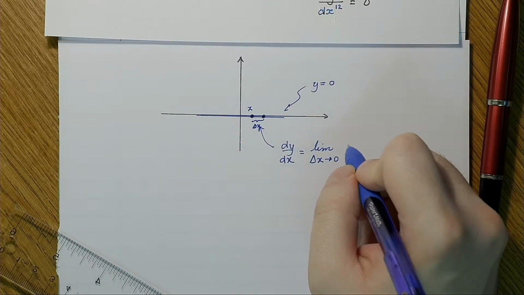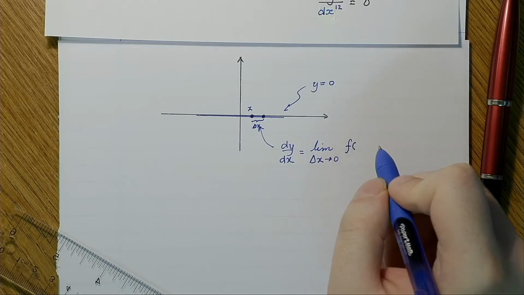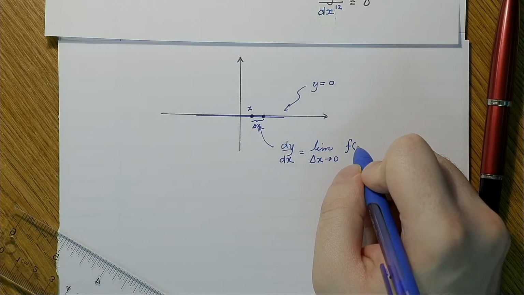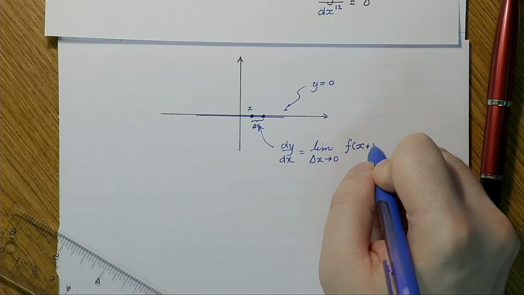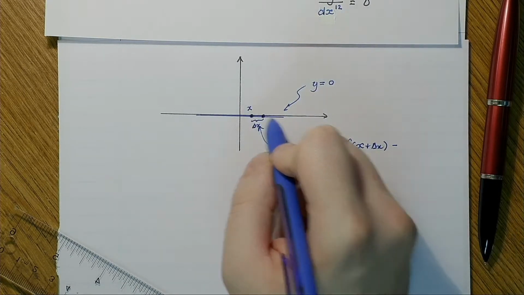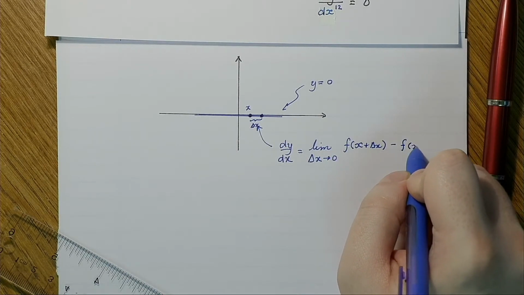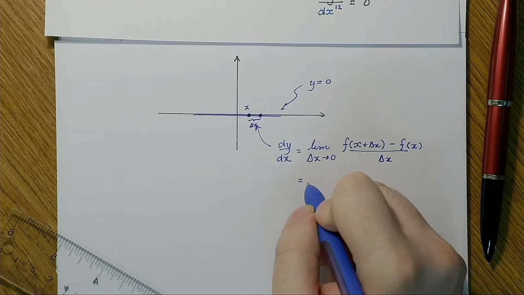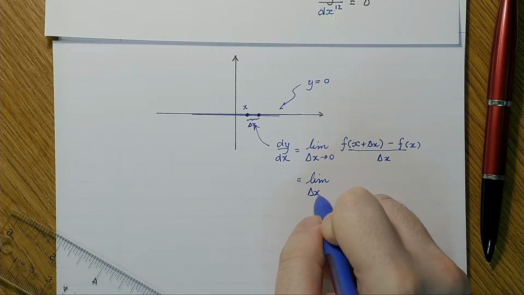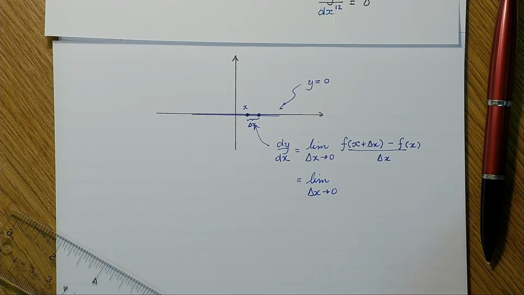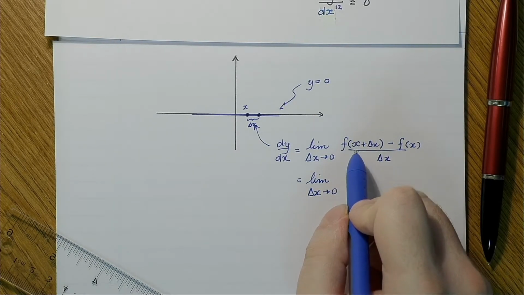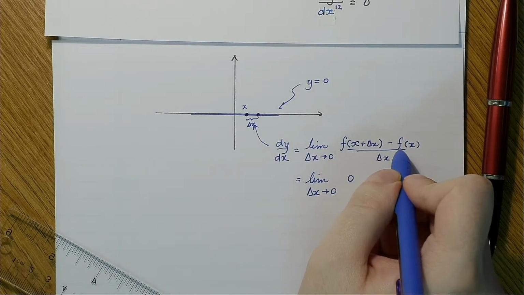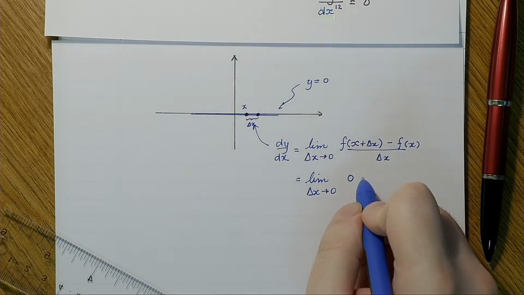So I have my function, and this is going to be my f of x plus delta x minus f of x. Now at this point that value is still 0, and then I look at my f at x, which is here, and that's still 0.